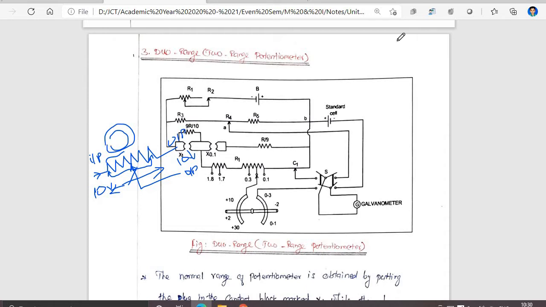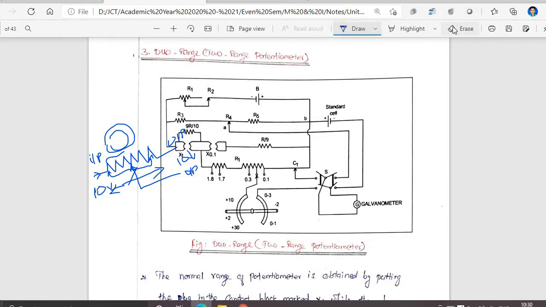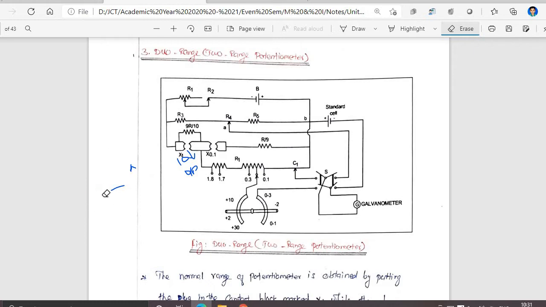So here in our Unit 3, comparative instruments, the potentiometer is the first chapter or first topic. Using the potentiometer, we can measure different quantities like voltage, current, and power also. If we measure the voltage and current, we can calculate power easily.